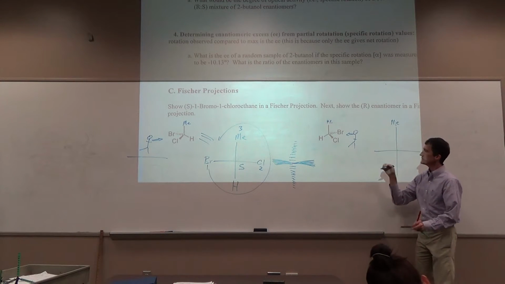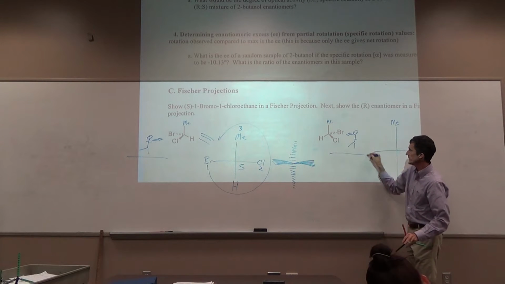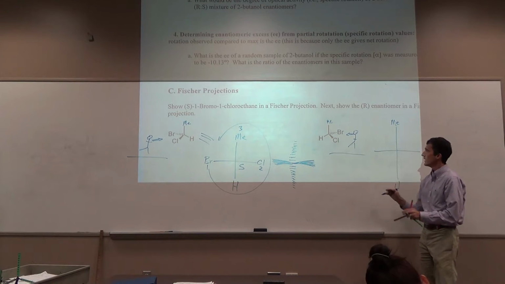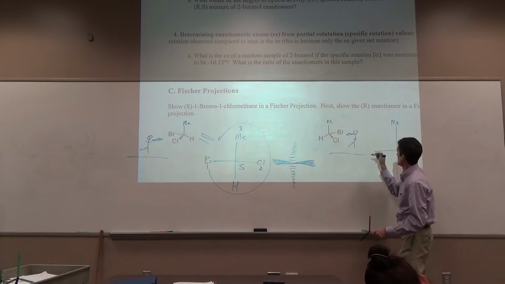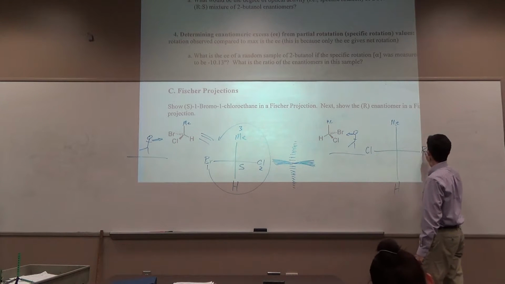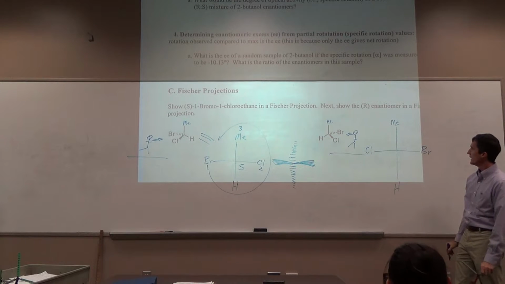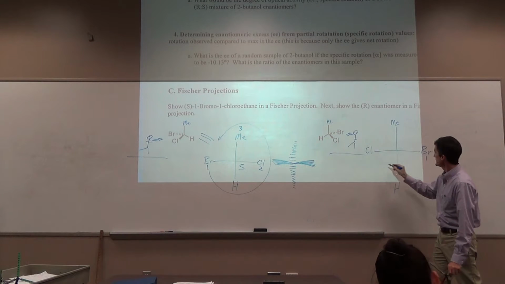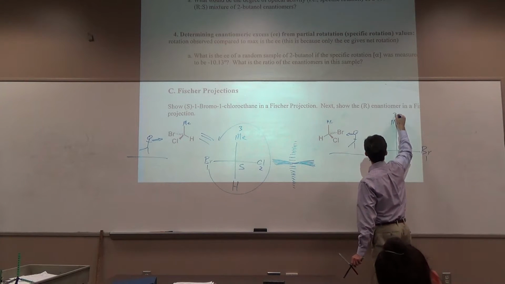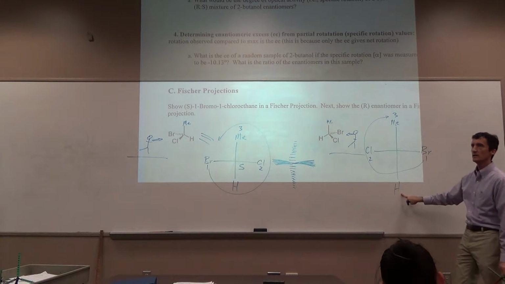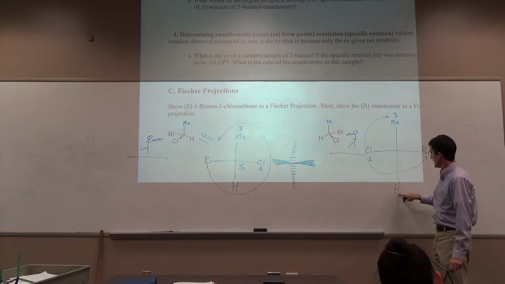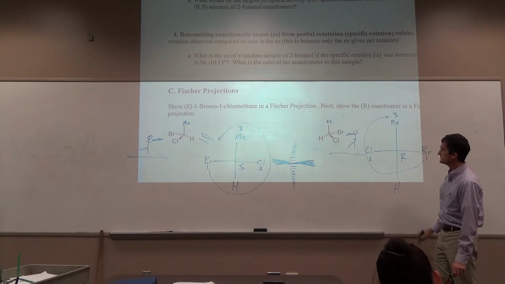Methyl. What's going straight down towards my feet? This is the ground. What's coming to my left as I'm looking through there? Chlorine, bromine. That's it there. 1, 2, 3. Clockwise, the H is, okay, so that's R.